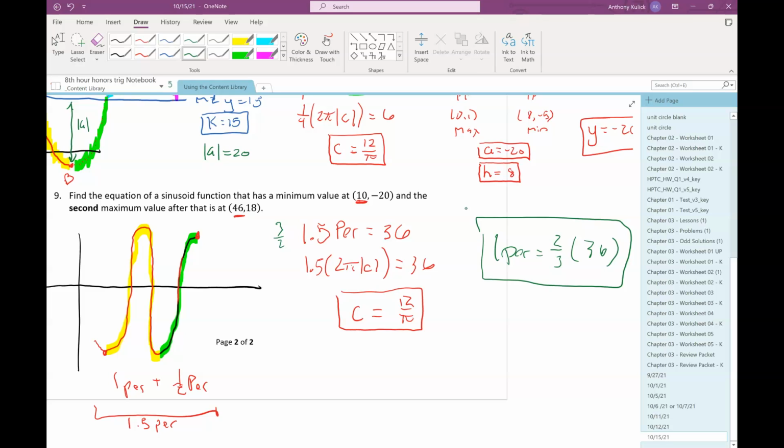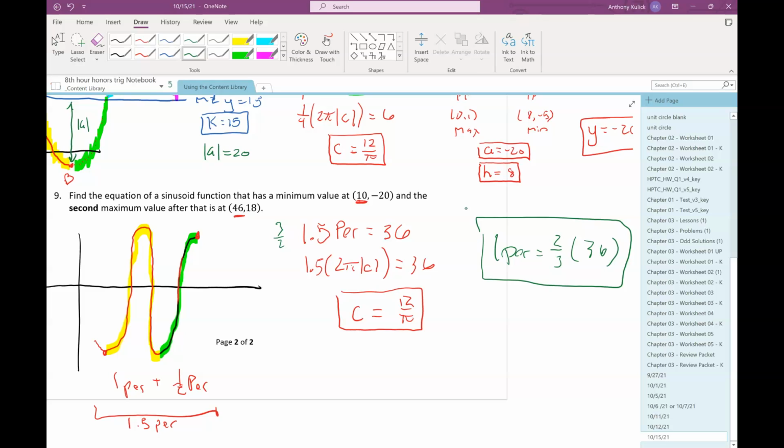If I divide both sides by 1.5, the reciprocal of 1.5 is 2/3. So it's the same equation, it's just arranged so the period is by itself already. That's all. I promise you it's an equivalent expression. You don't need to do it that way.